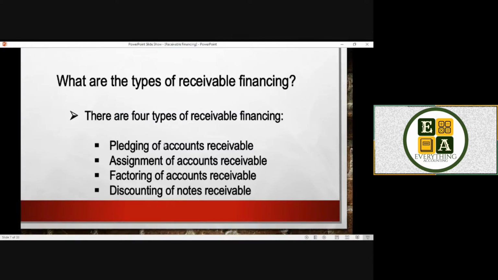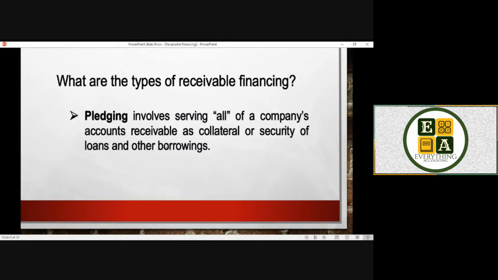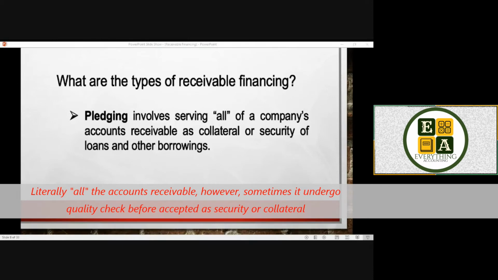Let's start with pledging. Pledging involves serving all of the company's accounts receivable as collateral or security of loans and other borrowings, which means if a company is engaging or making arrangement with banks and other financial institutions when it comes to loan arrangements and other borrowings, the company is serving all of its accounts receivable regardless of the age of that receivable or regardless of the collectibility of that receivable.